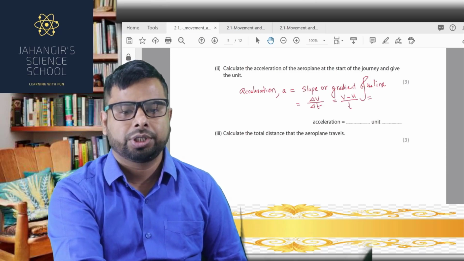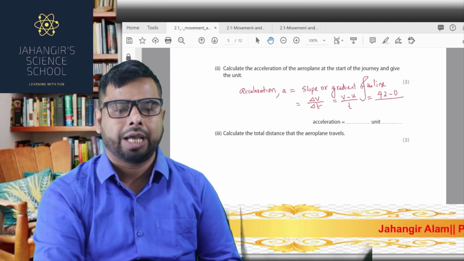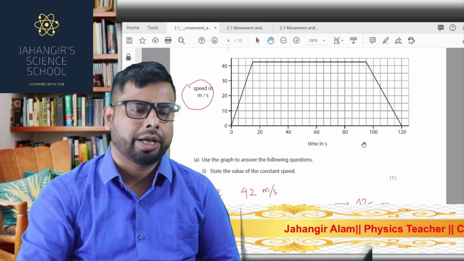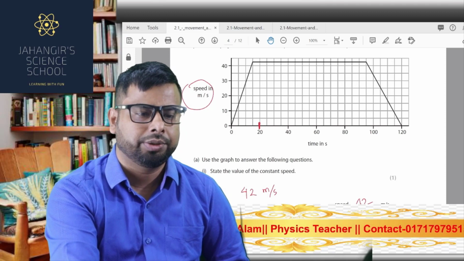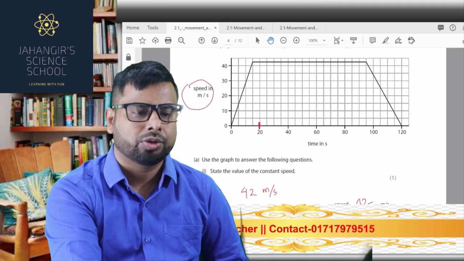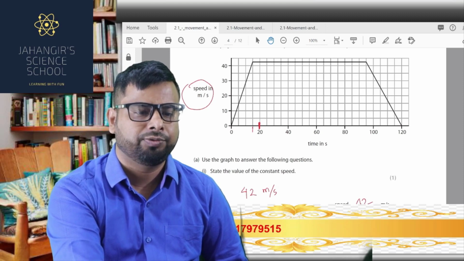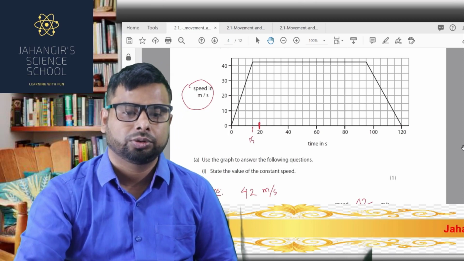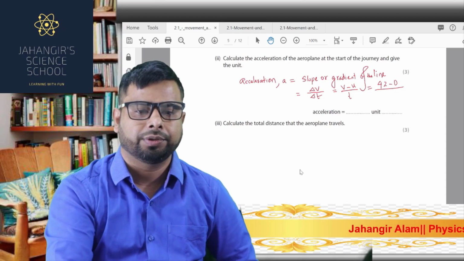Here the final velocity achieved is 42 and the initial was 0, and the time here is 15 seconds.